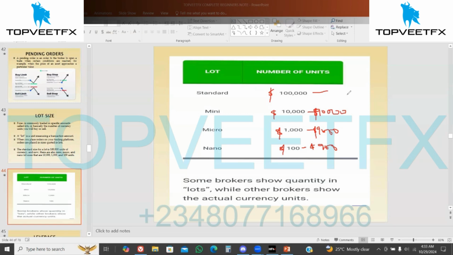Now, for us to trade a micro account, you don't trade more than 0.1. Let's say this is $1,000. You are not supposed to trade more than 0.1 lot size. If you have $2,000, you are not supposed to trade more than 0.2.